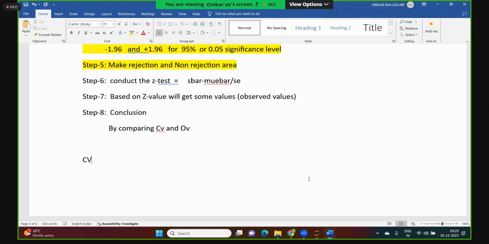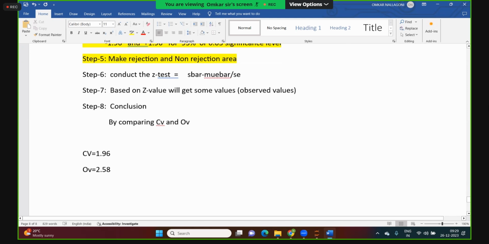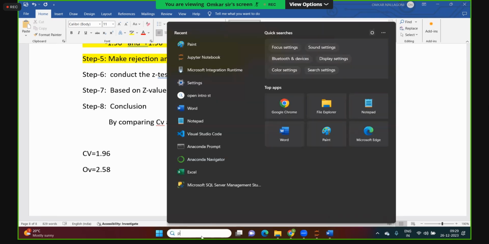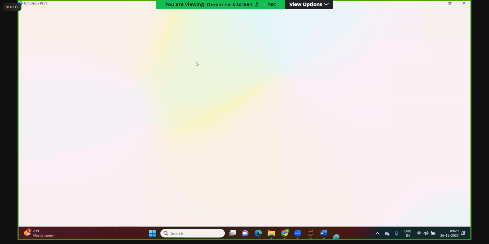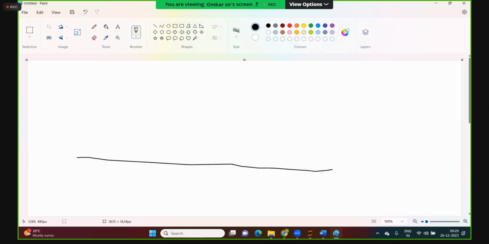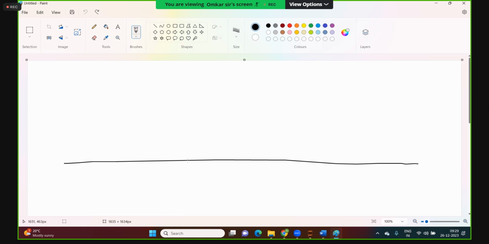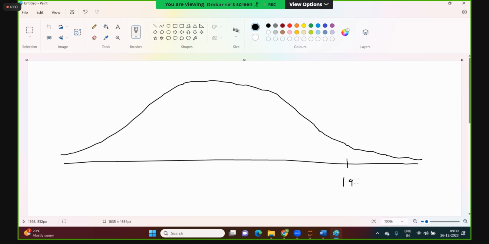Suppose your critical value is equal to 1.96 and your observed value is equal to 2.58. What is the exact meaning of this? Do you want to reject the null hypothesis or accept it? So you are getting like this: here 1.96 and here minus 1.96.